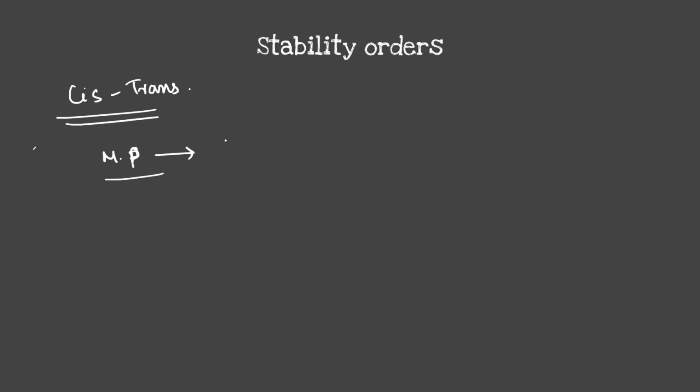So melting point of trans is more than cis. Why? Trans is something like this, right? So you have A, you have A here. Better packing of atoms is seen, so that's why the melting point would be higher. So the reason is packing of atoms.